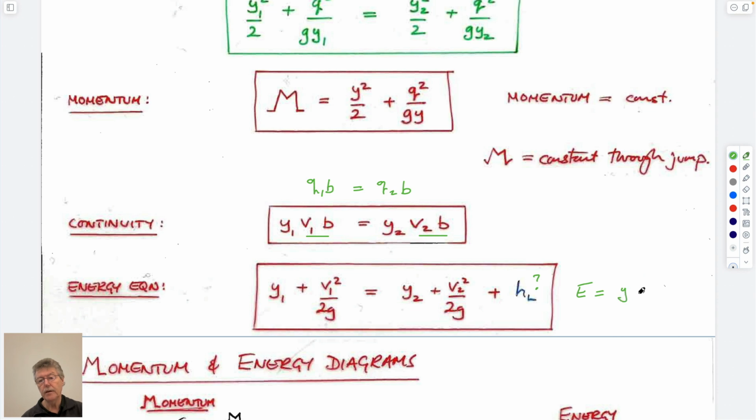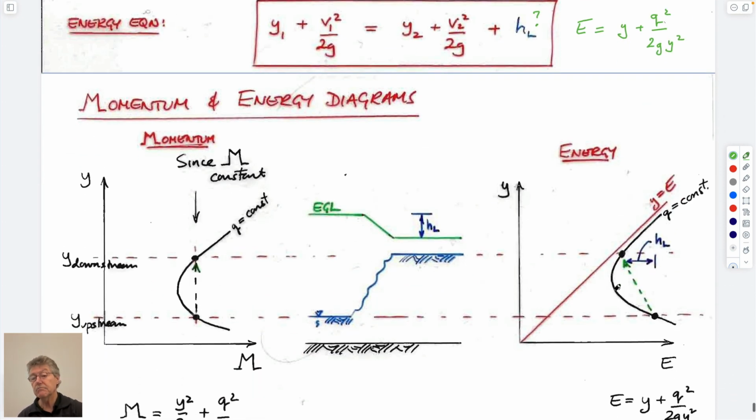This is y plus q squared over 2g y squared. So this is the energy equation. We said that if we set this equal to 0, then you'd have to multiply both sides by y squared. You'd get rid of this y squared. This would become y cubed, and this would become y squared. And so it's a cubic equation that has 3 roots, and we know that it looks a bit like this.